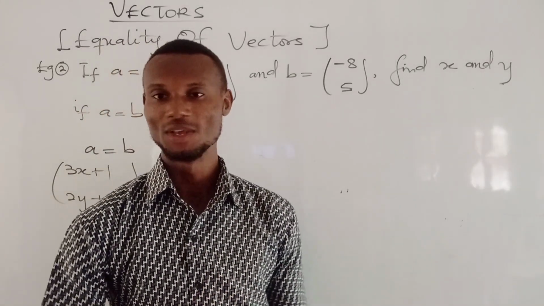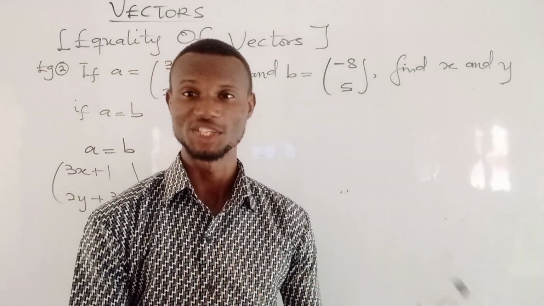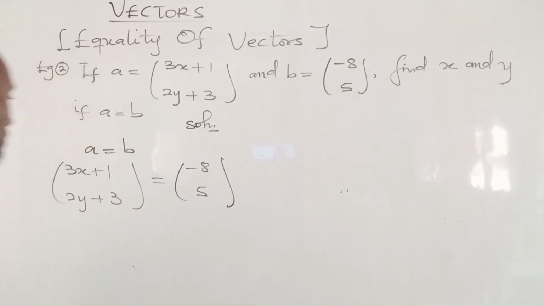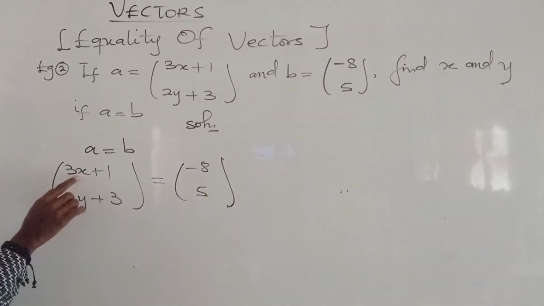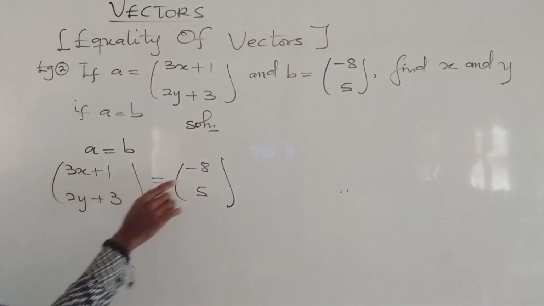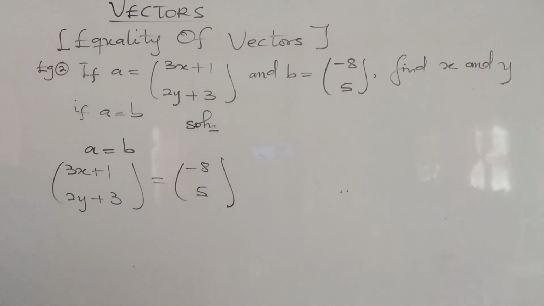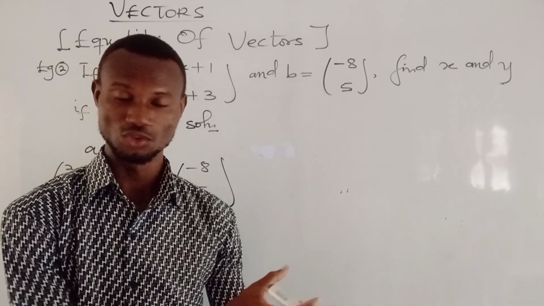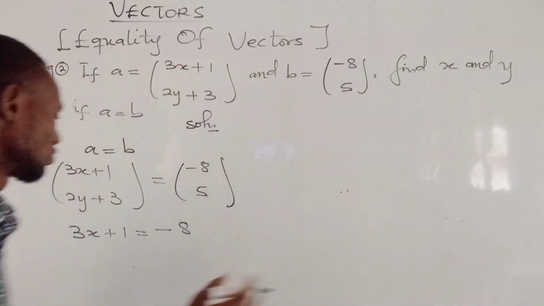From here, we just need to equate corresponding components. So I take the 3x plus 1 and equate it to minus 8 and solve for the value of x. So my 3x plus 1 equals minus 8. This becomes a simple linear equation to solve for the value of x.